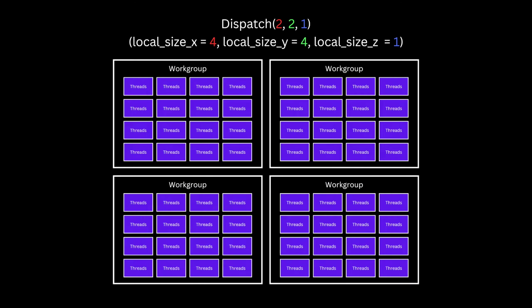Now these workgroups will execute independently from each other, and the order will be determined by the GPU. So GPU could execute this workgroup first, then this one, and so on. Now you might think, why is this important. Let's say I have a 4K display and I want to create a full screen effect, so my shader would run for over 8 million pixels, and my GPU or any other consumer grade GPU won't have enough cores to perform 8 million parallel computations.